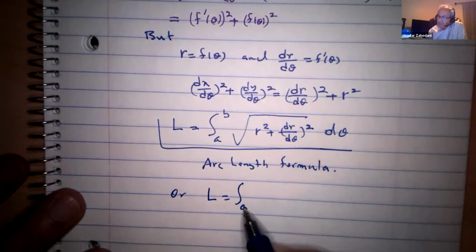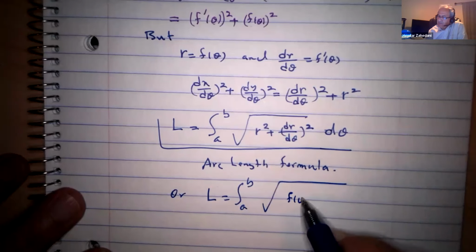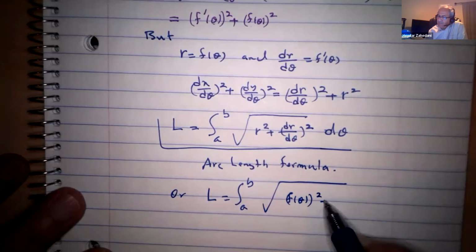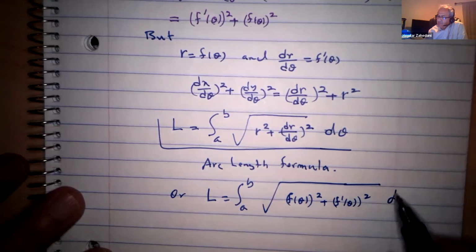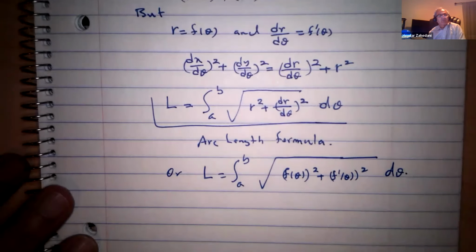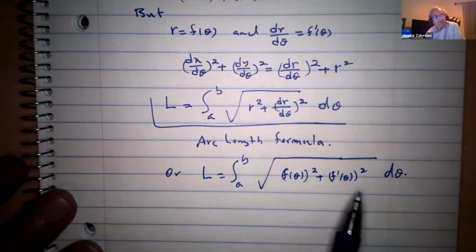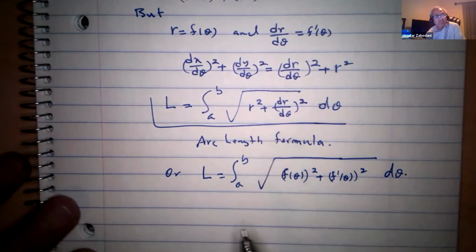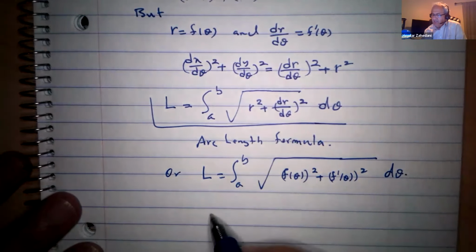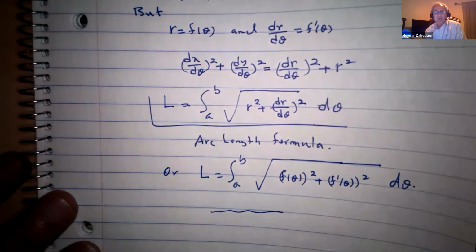So this is f of theta all squared, and this is f prime of theta all squared. Just use whichever you feel more comfortable with for the arc length formula. You square the function, differentiate it and square the derivative of the function, or just use r squared plus dr over d theta squared. So this is the arc length formula in polar form.